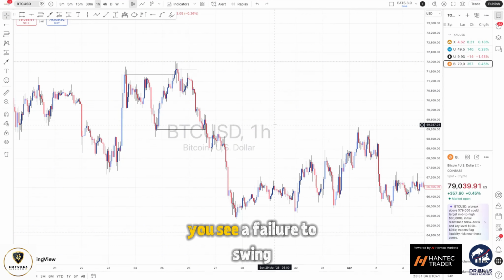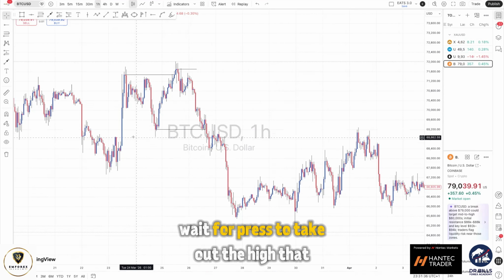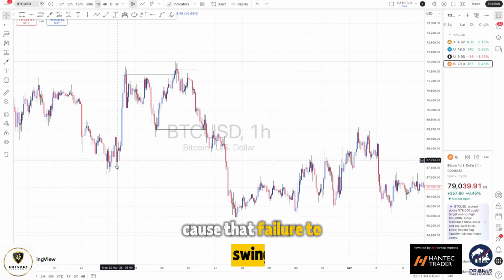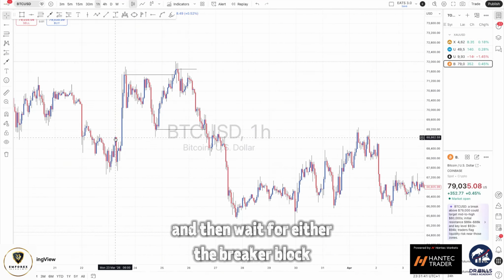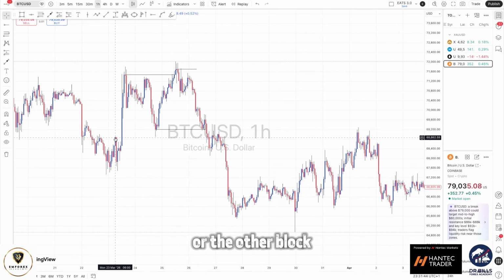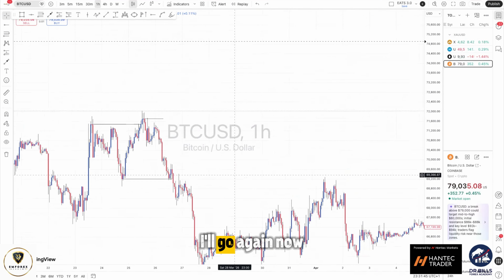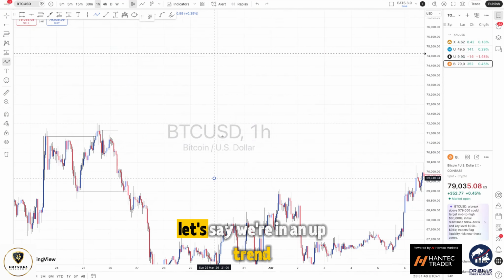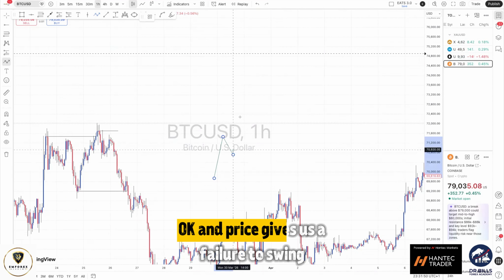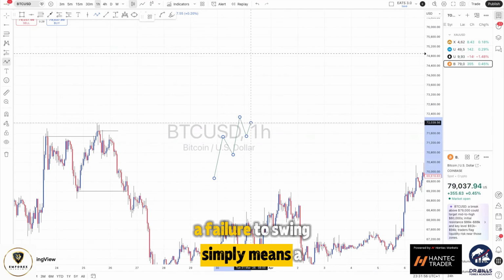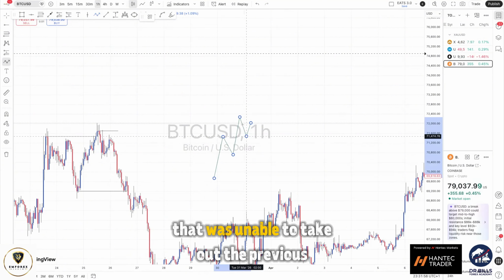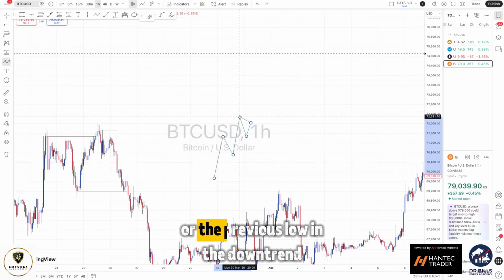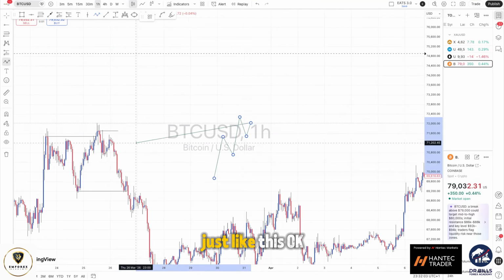Whenever you see a failure to swing, wait for price to take out the high that caused that failure to swing, and then wait for either the breaker block or the other block. I'll go again. Now, let's say we're in an uptrend, okay, and price gives us a failure to swing. A failure to swing simply means a move that was unable to take out the previous high or the previous low in the downtrend, just like this.